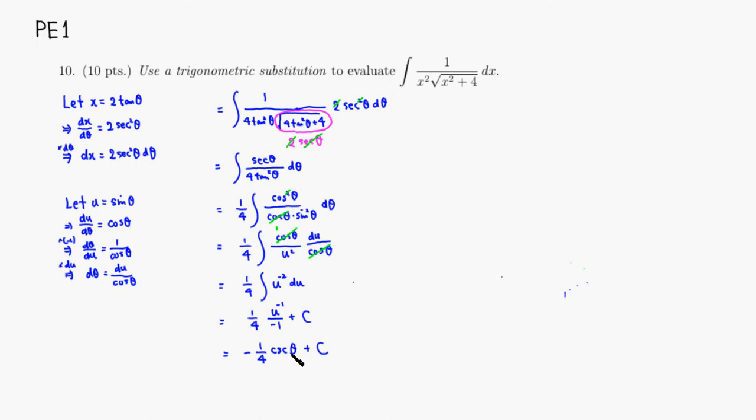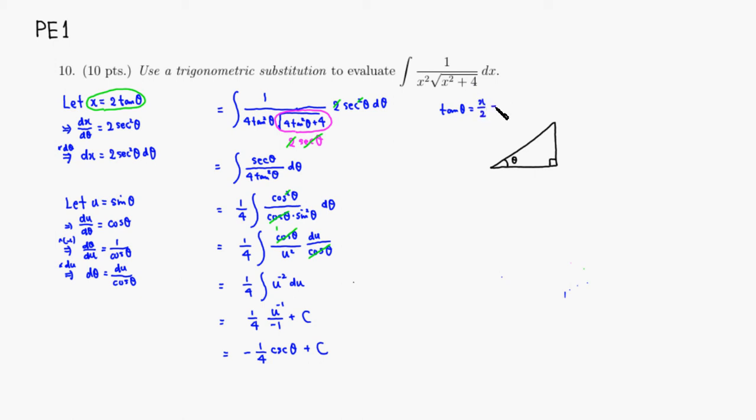So we need to find the cosecant there. Let's draw a right triangle, just a general right triangle, with the right angle there, and let's say this is theta. Use the original substitution equation and divide through by 2, we get tangent of theta is equal to x over 2.